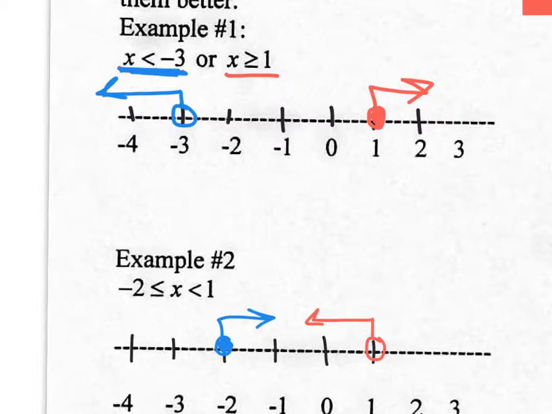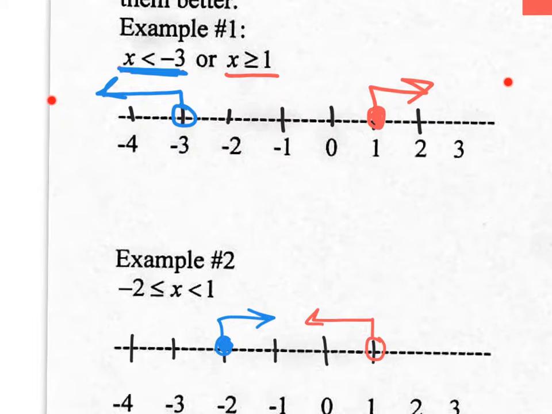Notice how this compound inequality, in a sense, was like two of them separate with the word or, and you ended up with two areas that were apart. And this one was a compound inequality written together, right? This one was separate with the word or in between. This one's written together. You still had to look at it as two different inequalities, but when it's separate with the word or, the areas are going to be apart.